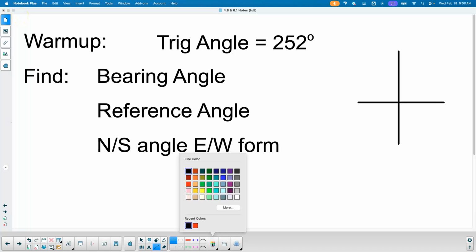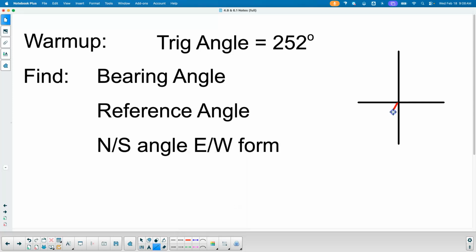So a 252 degree trig angle is going to be down here in the third quadrant, where this angle here is 252 degrees. If that trig angle is 252 degrees, then this reference angle here would be 72 degrees.